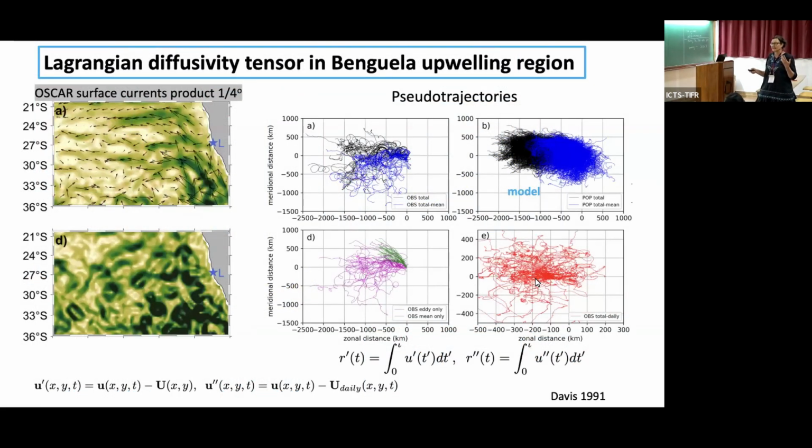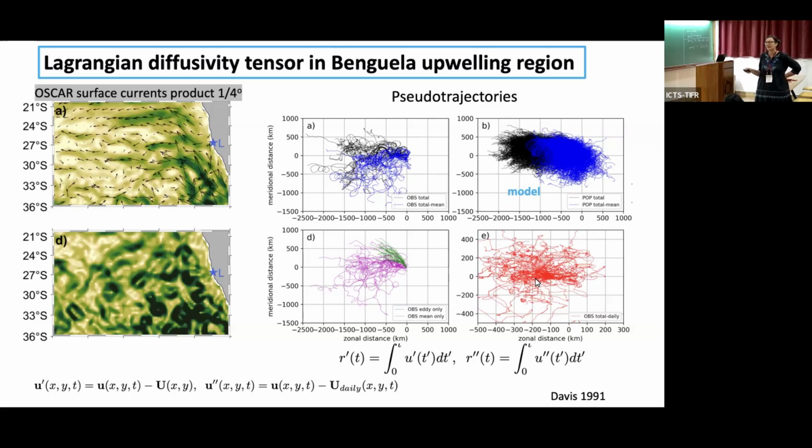Since I've shown previously diffusivities from the mesoscale currents in an eddy-resolving model in the first part, I'm now showing you diffusivities that we derived from those actual drifter trajectories in the ocean. Since we want to isolate eddy effects, we also have to use some product for the mean currents.